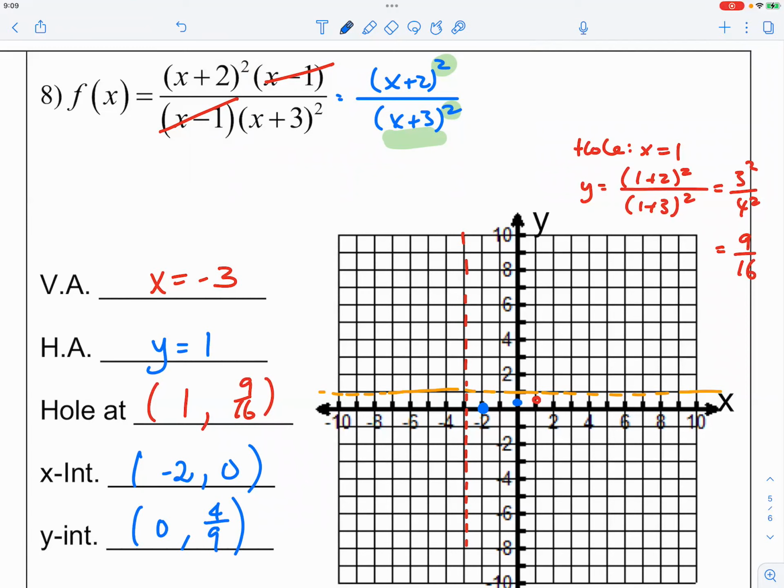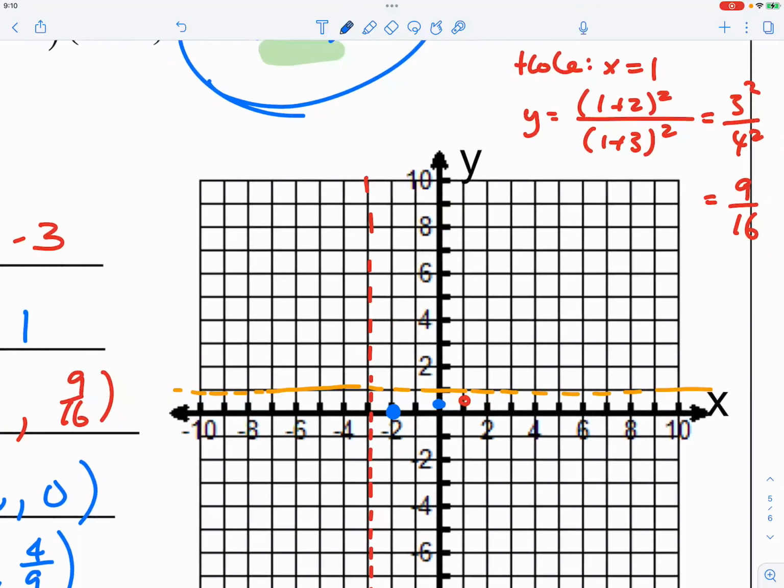Now, we've got squares. And what did we say earlier? Anything squared must be positive, right? And since the numerator and the denominator are both squared, can we say the y value is always positive? Can you see how the y value is always positive? Because the numerator is squared and the denominator is squared, there's no way they can become negative.